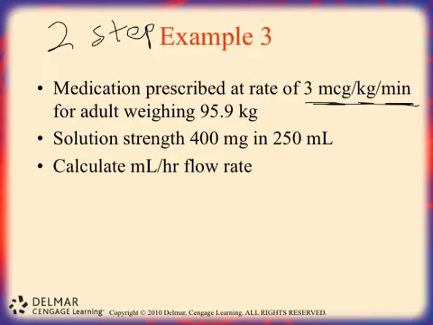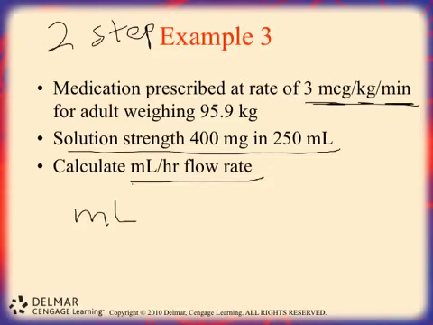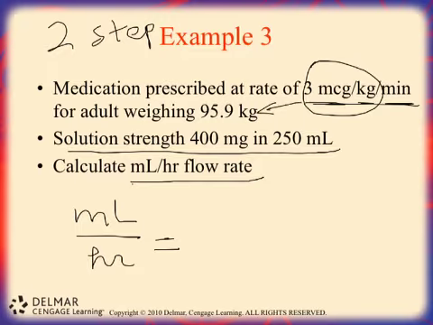Your solution strength is this, 400 milligrams in 250 milliliters, and what we're doing is calculating the milliliters per hour flow rate. So we know we're going to start with milliliters per hour equals. But we will first have to do a step of finding out what our dosage is based on the weight. It'll show us that in the next slide.